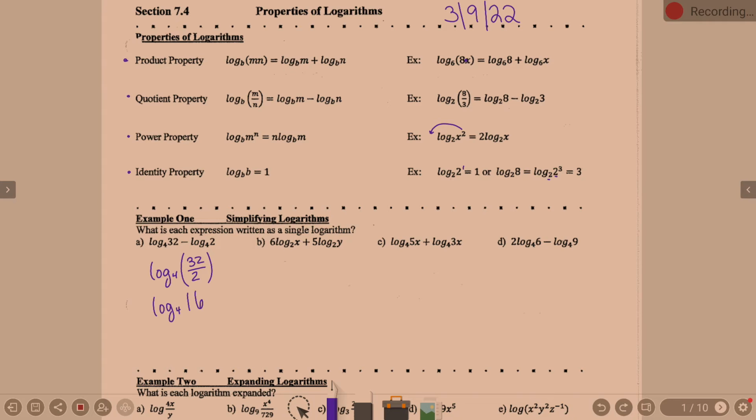So I could rewrite this as log base 4 of 4 squared. Equivalent. I haven't changed anything. It's still equivalent. But our identity property here says if my base of 4 and the base of 4 on the inside are the same, it's equal to the exponent of 2.